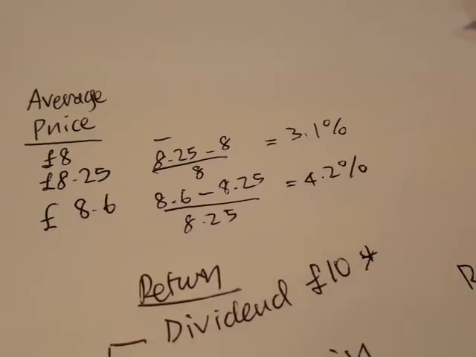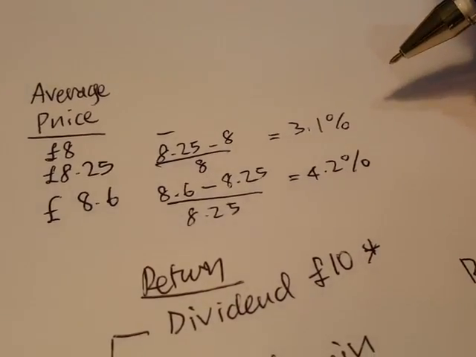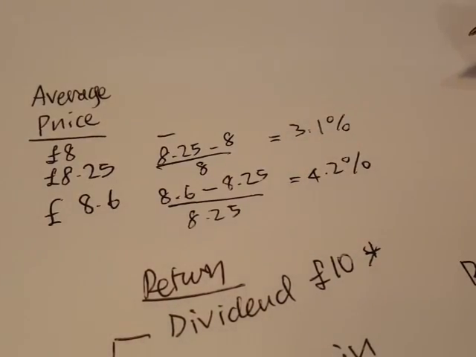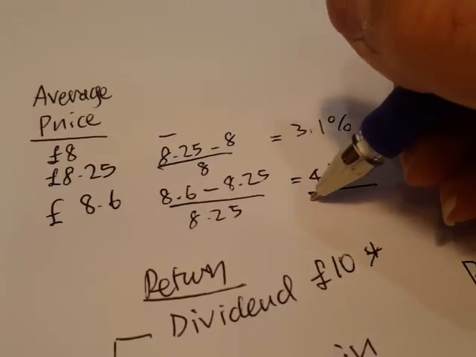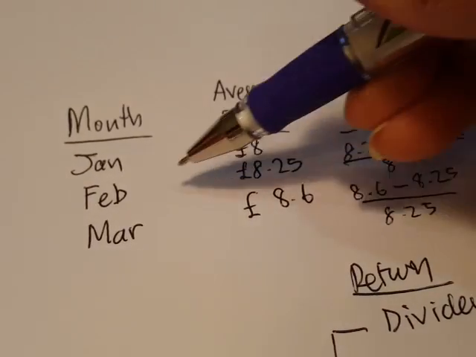And it will be meaningful if you quote a single return information rather than these two to the investors. So here we can calculate what is the average return. Add these two figures together, and divide by 2, since you're calculating the average for these 2 months.